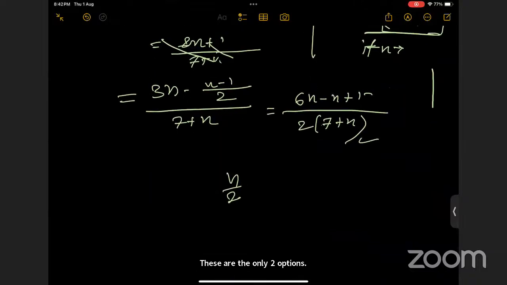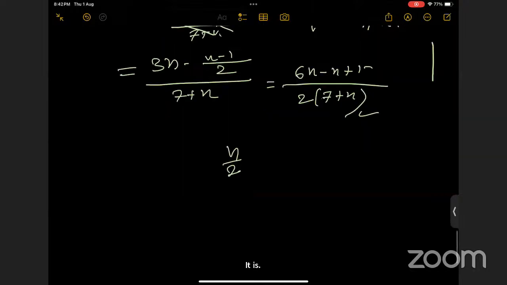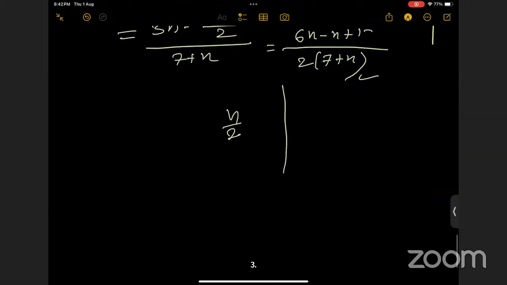Flooring takes the lower limit. So if n is 6, it is 3. How have you taken n is 6 if n is odd? We can take some odd examples, and you are taking n as 6. If it is odd, it will always have a 0.5.